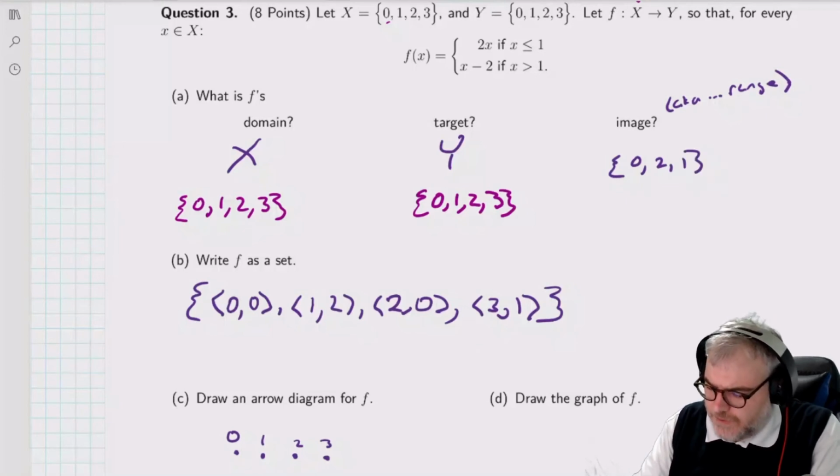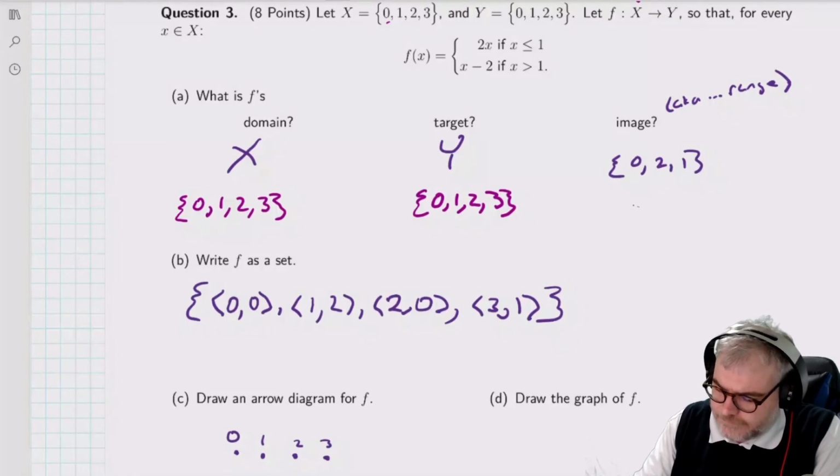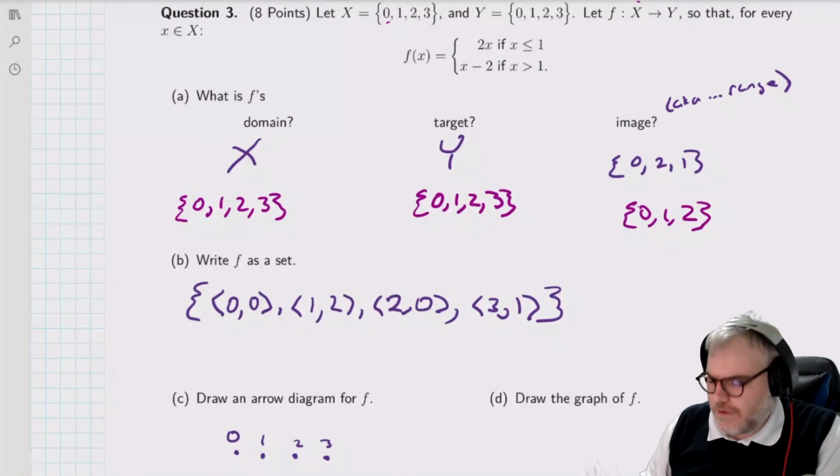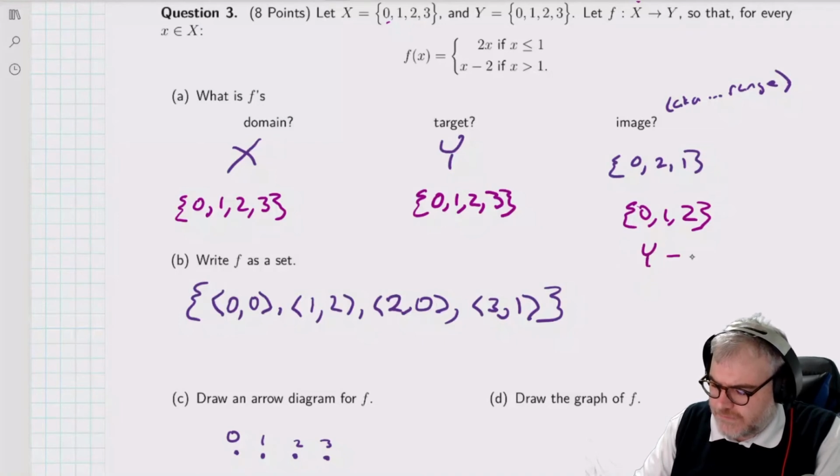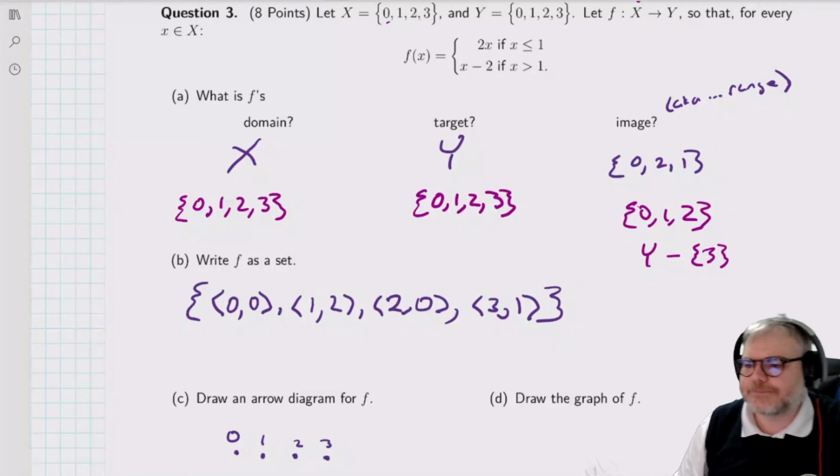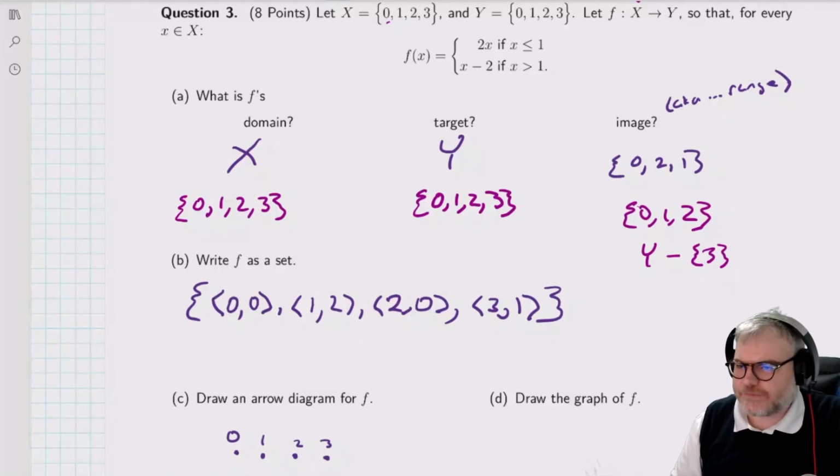Or you could have written it 0, 1, 2, also valid. You could have written Y minus 3, if you know what that means. All valid answers.